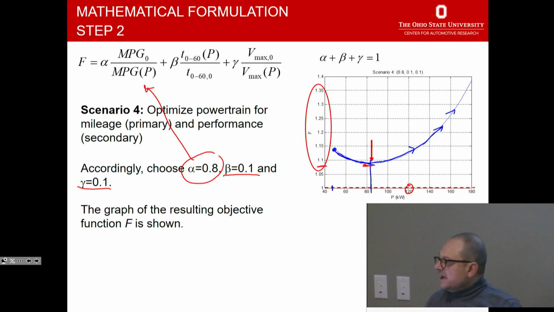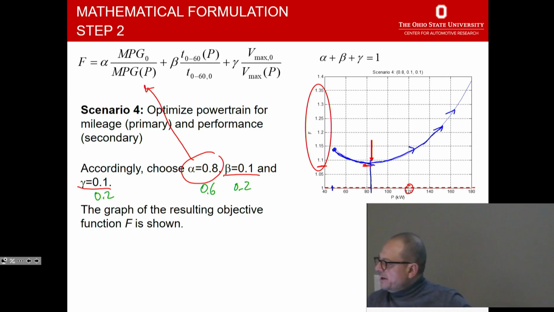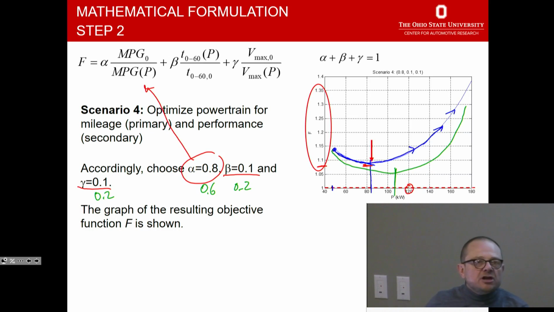In this case, for example, if I had selected 0.6, 0.2, and 0.2, what do you think might have happened? The shape of the function would probably have been similar, but it might have looked more like this. In other words, I clearly would have selected a larger engine and probably would have come closer to an F equal to 1, probably.